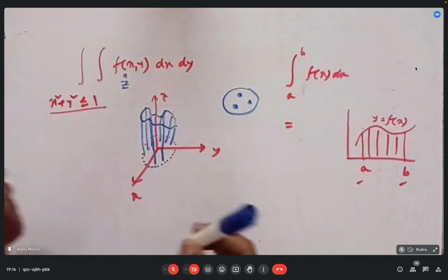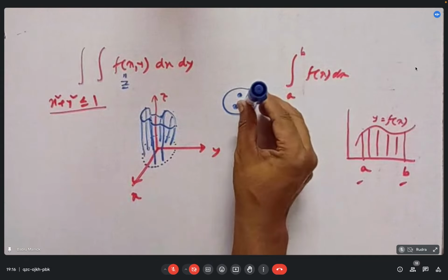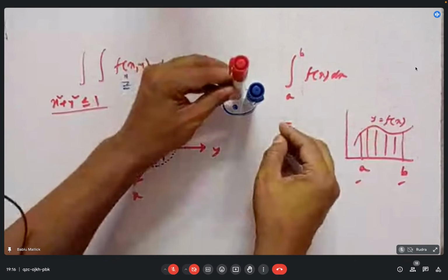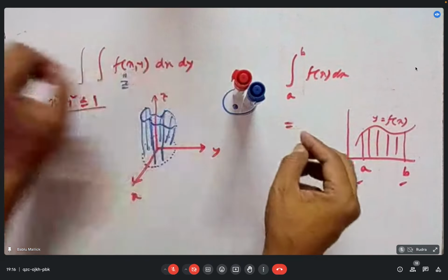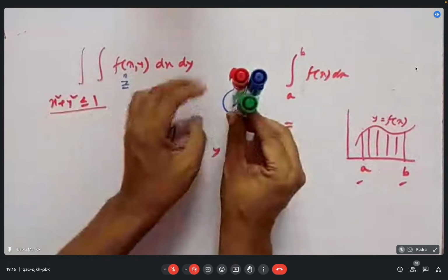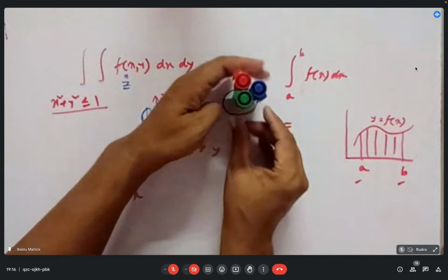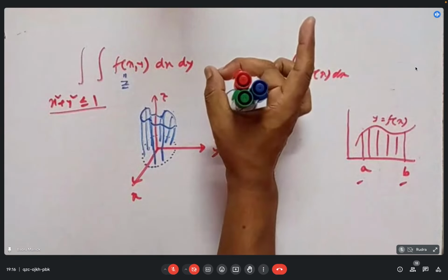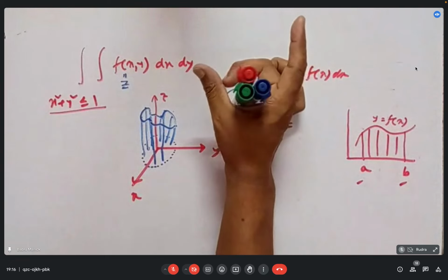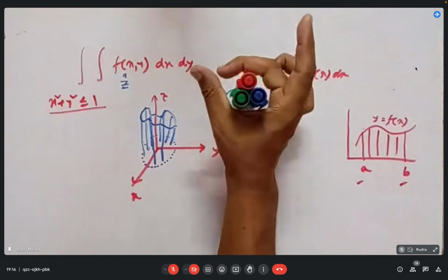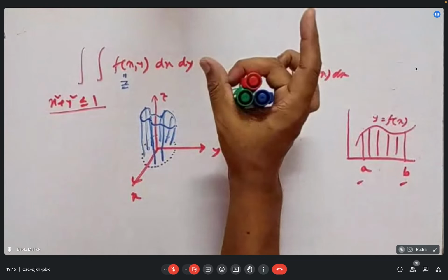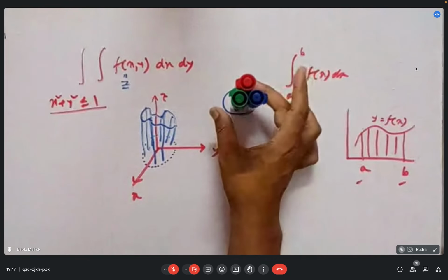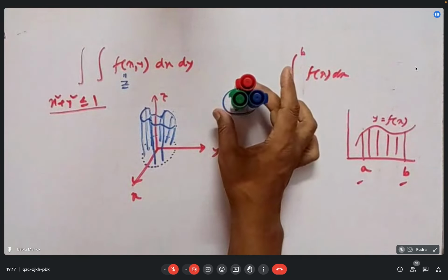At this point the value of the function is this, at this point it is this, and at another point it is this. So we are getting these 3 values. Now if I collect these values, we are getting a 3-dimensional figure. It is a solid cylinder. So when you are integrating, this means we shall find the volume of the solid cylinder.